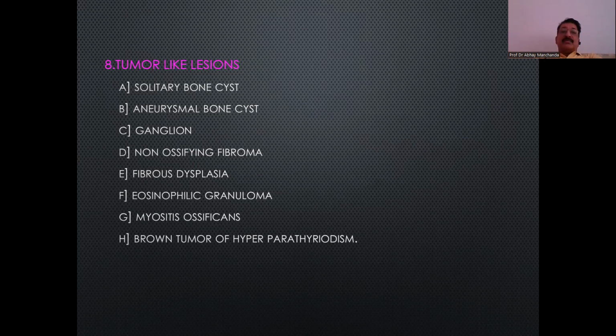They can be A. solitary bone cyst, it can be aneurysmal bone cyst, it can be a simple ganglion, it can be non-ossifying fibroma, it can be fibrous dysplasia, it can be eosinophilic granuloma, it can be myositis ossificans, brown tumor of hyperparathyroidism. All these 8 varieties of lesions, since they behave like tumors, have been included as tumors by WHO.